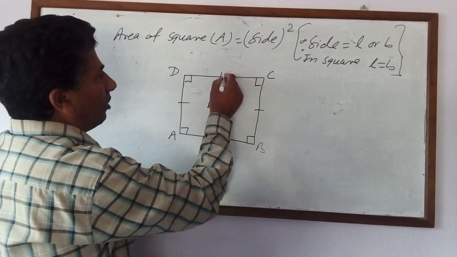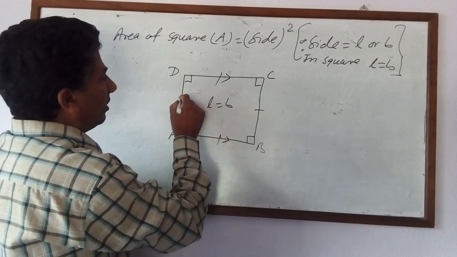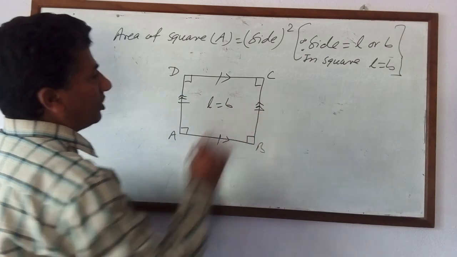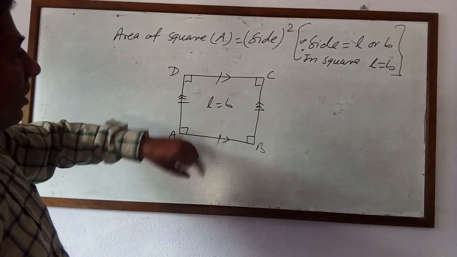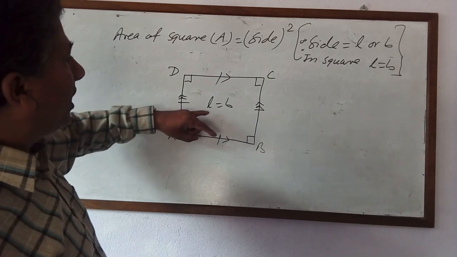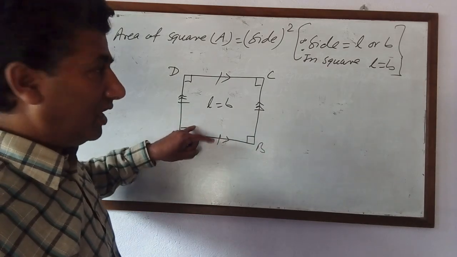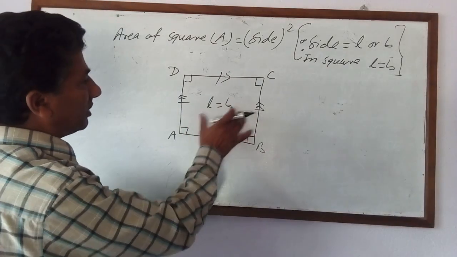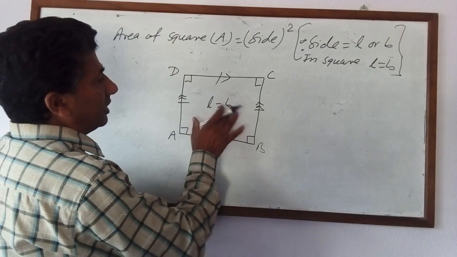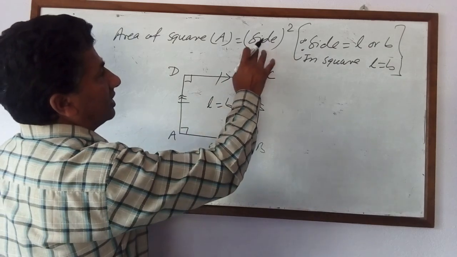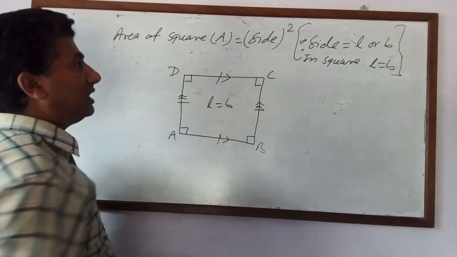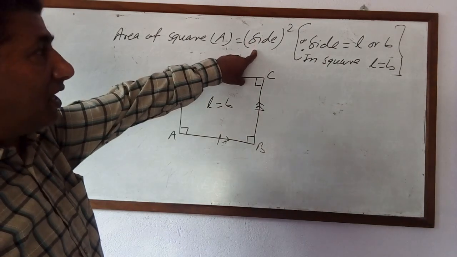And remember that opposite sides are also parallel. You have to remember, it comes in geometry. But here we have to understand length and breadth are equal and each angle is 90 degrees. Remember this. And the area of a square, we can write like this. By using this formula we can find the area of a square.